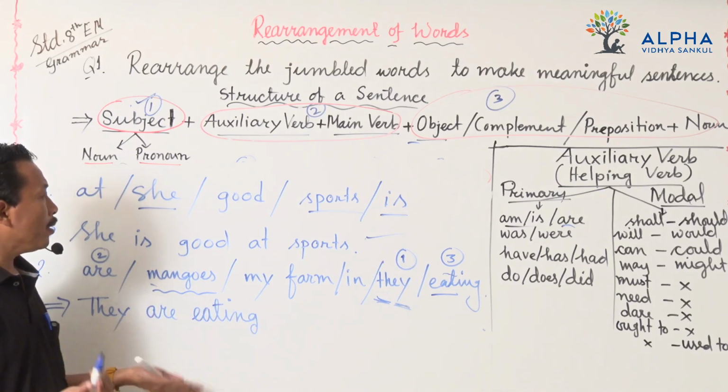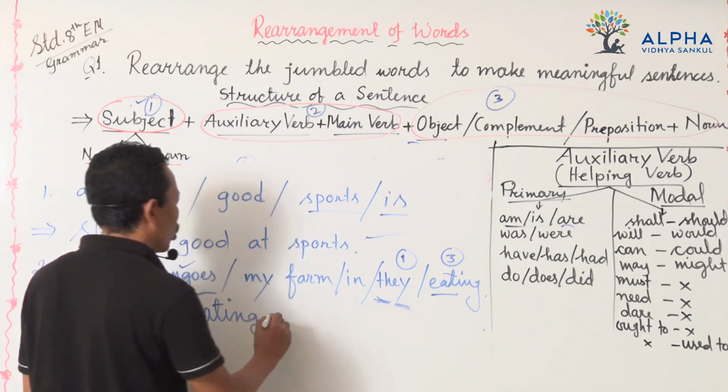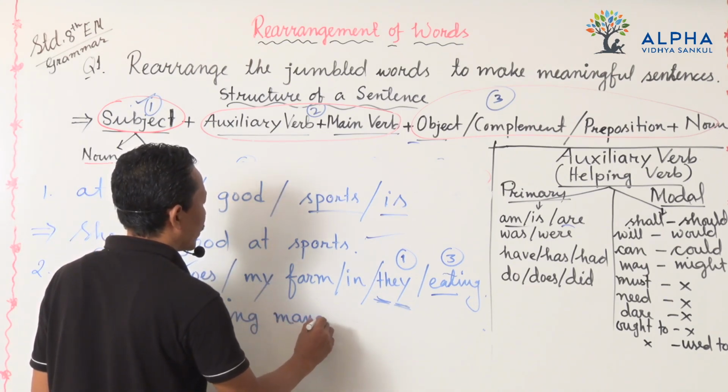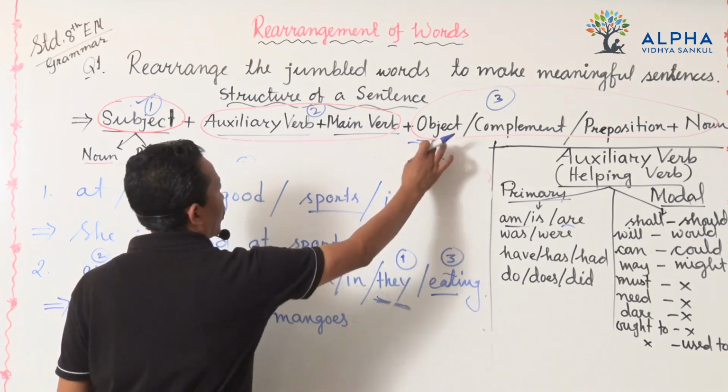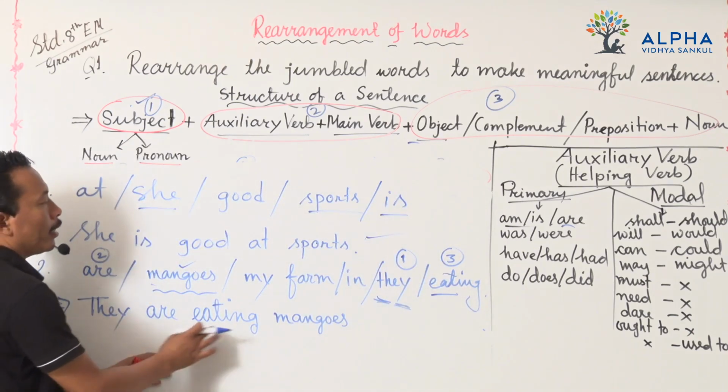They are eating what? Mangoes is object. See, they are eating mangoes.